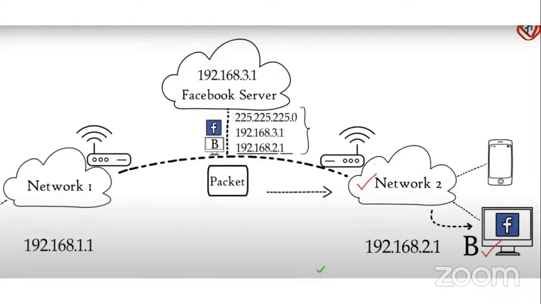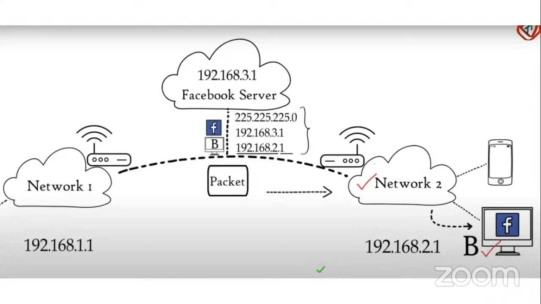Example, I'll ask you one question. Consider you have network 1 here. Suppose system A is connected to network 1. Its IP address is 192.168.1.1. Consider system A requests the Facebook server, facebook.com.